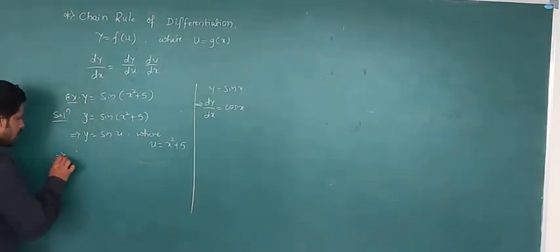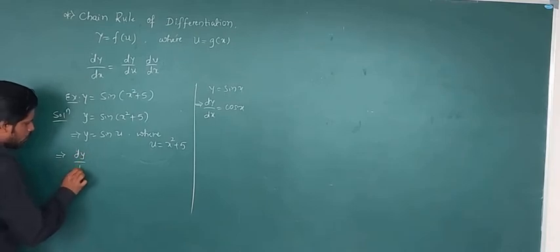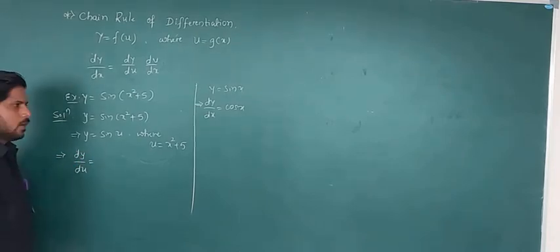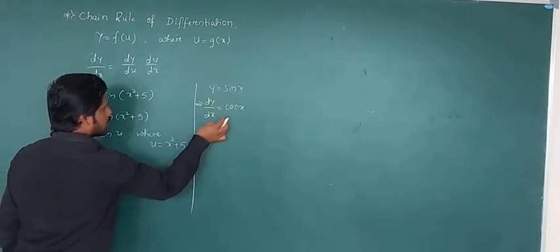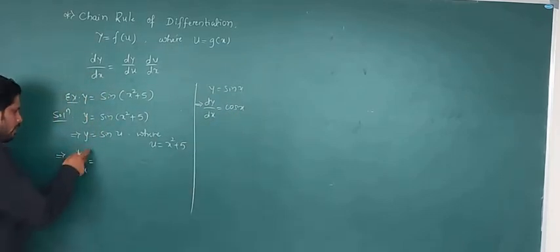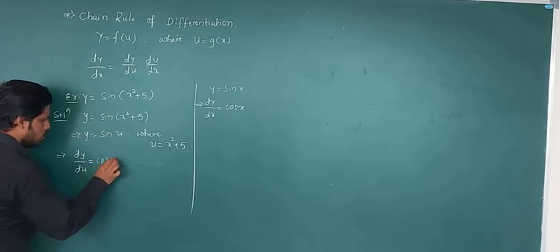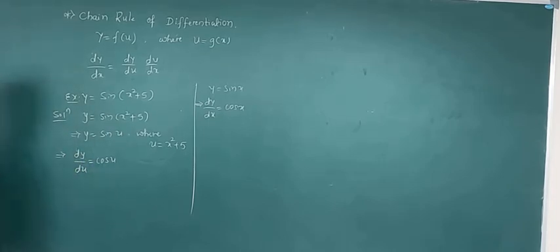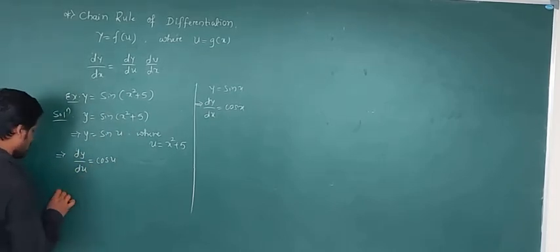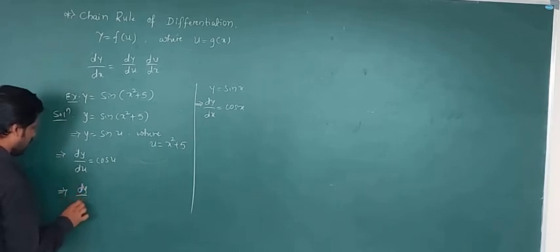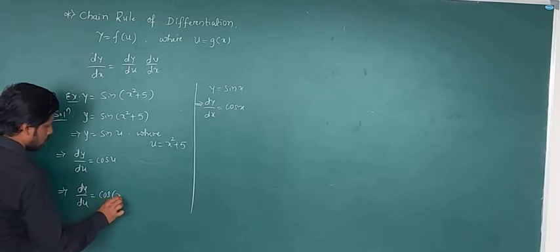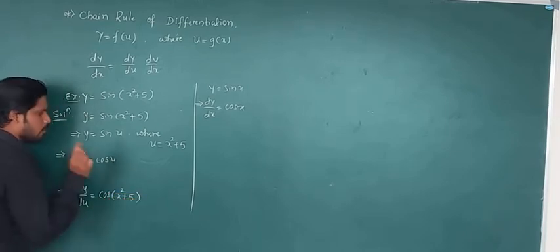That is dy by du is equal to cos u, since dy by dx is cos x. What is u here? So this implies dy by du is equal to cos of x square plus 5.